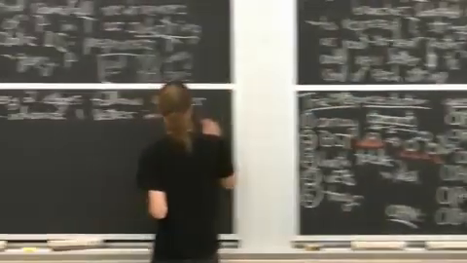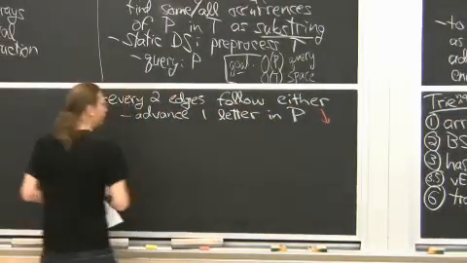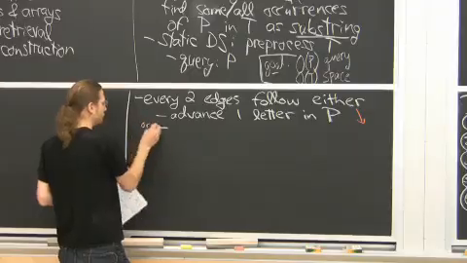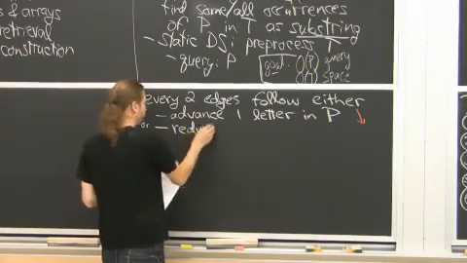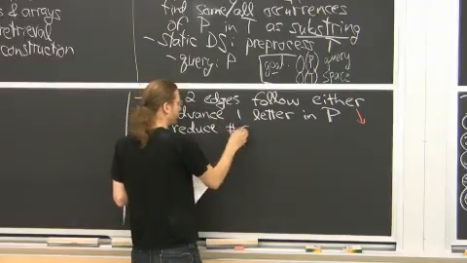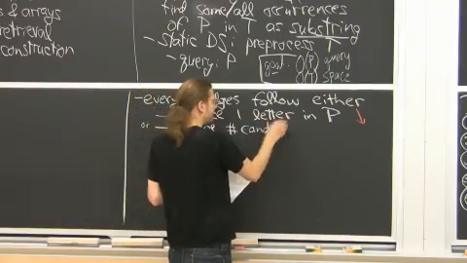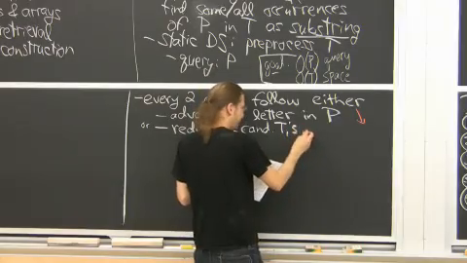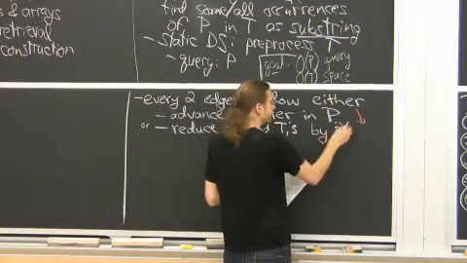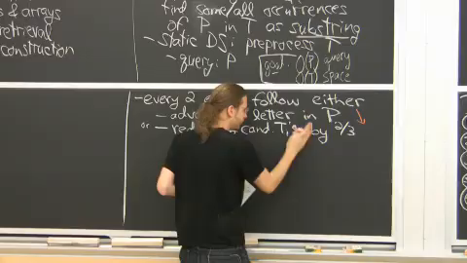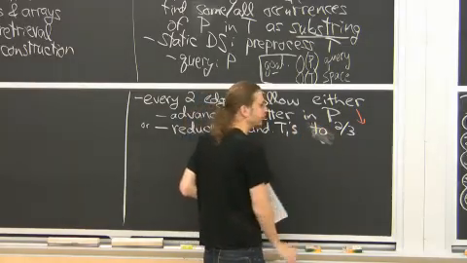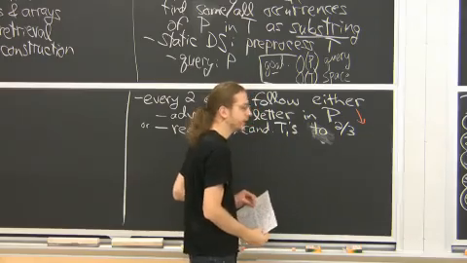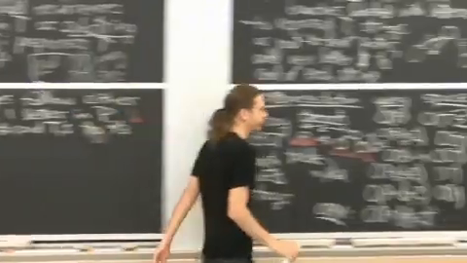So this would be following a red edge. Or we reduce the number of candidate T_is by 2/3, or I guess to 2/3 of its original value. So we lose a third of the strings. That's what I'd like to claim. And it's not too hard to see this.